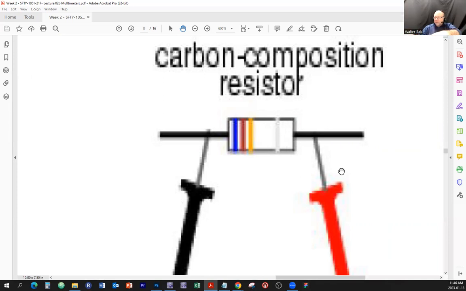So there's a possibility that you're going to put yourself in parallel with the resistor, so you might not get a true reading. So you gotta make sure that what touches the leads of the component is just the probes, not your body.